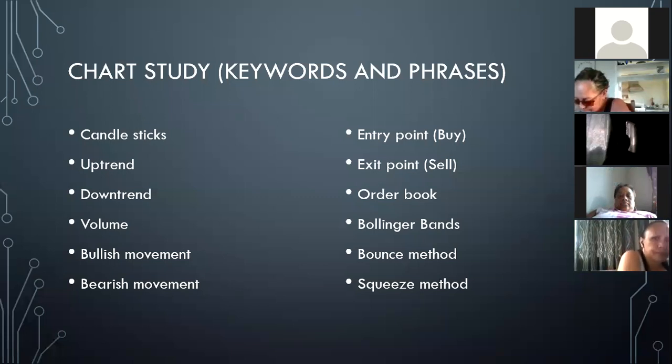You're going to need to learn how to understand a candlestick or candlesticks, what an uptrend is, what a downtrend is, what volume is, what a bullish movement is, what a bearish movement is, entry points or buy points, exit points or sell points, an order book, the Bollinger Bands, the bounce method, and the squeeze method.